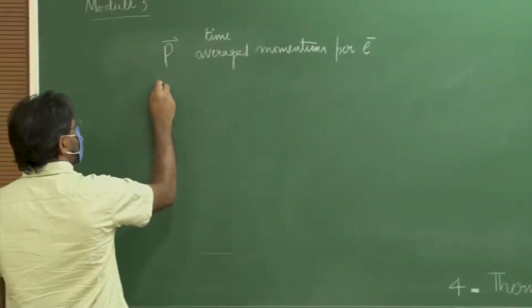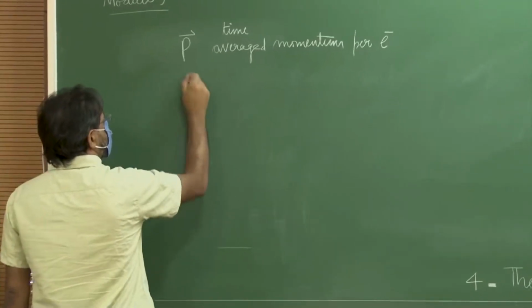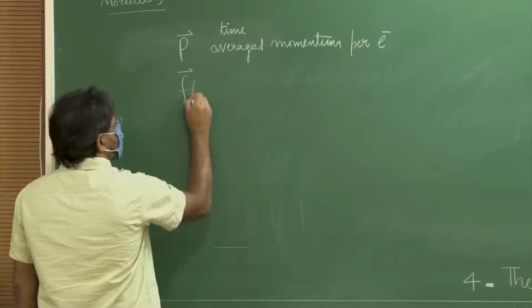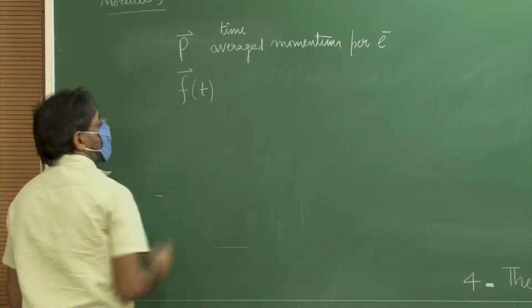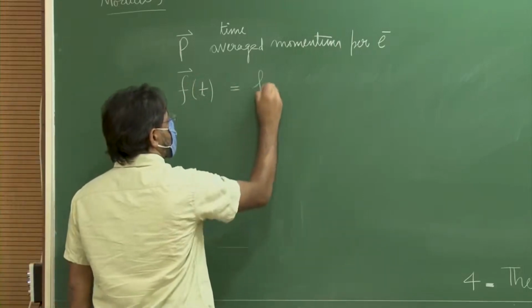The externally applied fields that we have, I am going to call them F, and they can be in general time varying. So you can have a time varying force field.